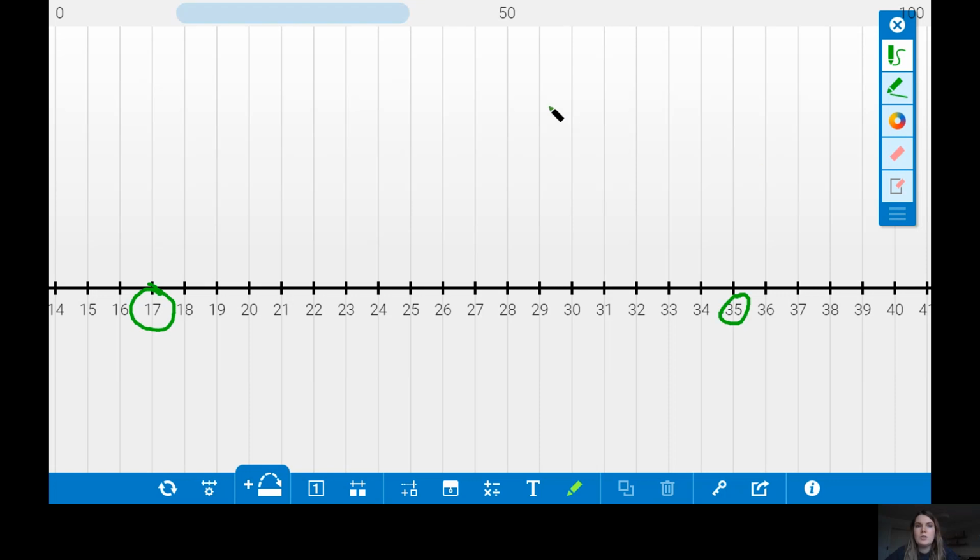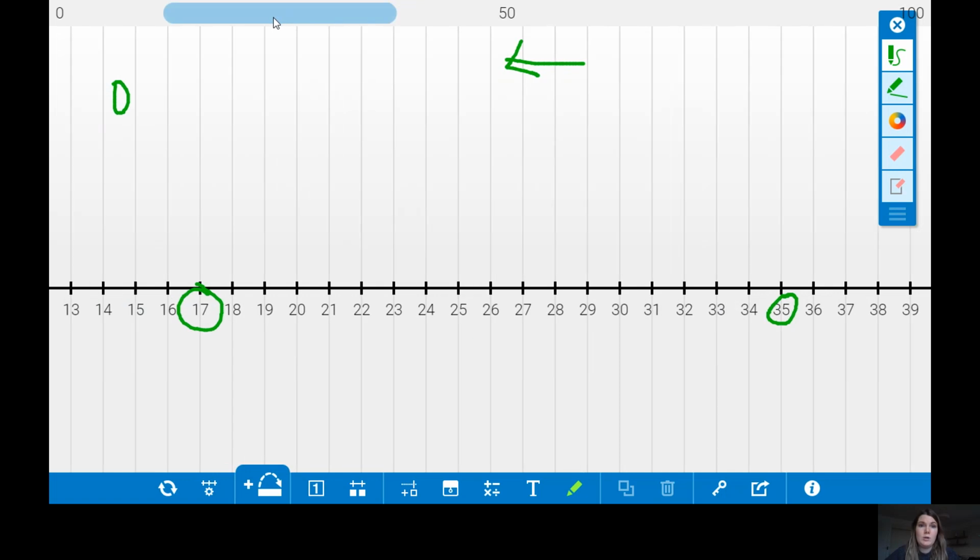Now this time I want to know which has a smaller value. So I'm looking for which number is closest to 0 on my number line. Now we might not see 0 on this number line because we're using such a big number line, but I know that the number that's furthest on the left is going to be closest to 0 because our numbers are decreasing all the way until we get to 0.